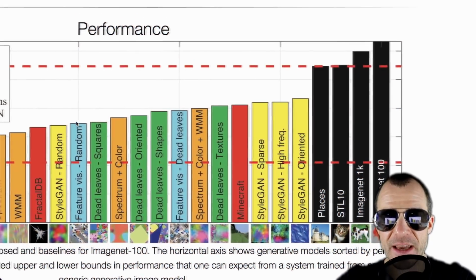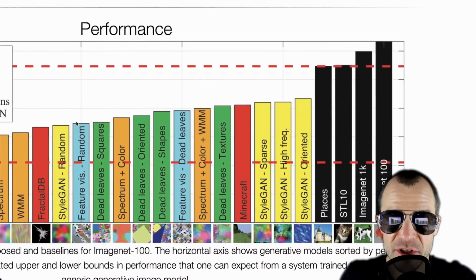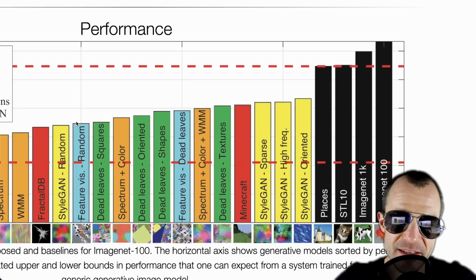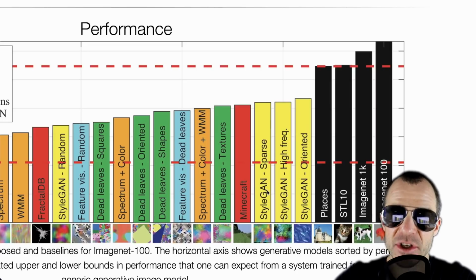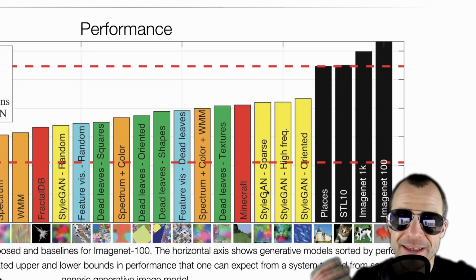Now here you can see in dark the actual pre-trained models on real images, and you can see that the models that have been pre-trained on noise aren't that far behind. Especially interesting is that StyleGAN models just initialized randomly and then forward propagated give pretty decent results.